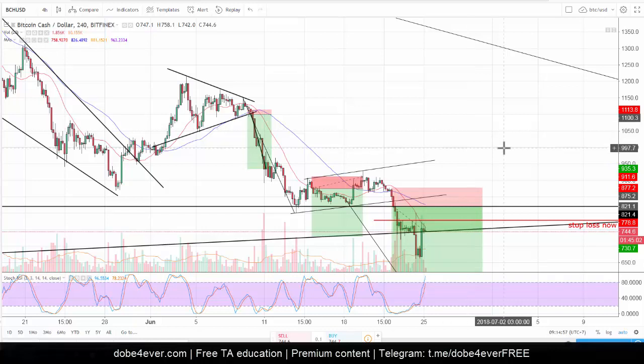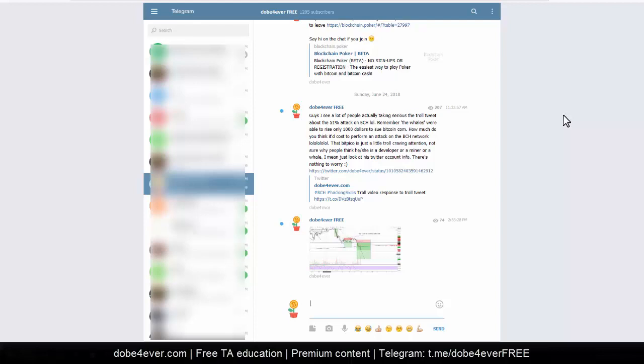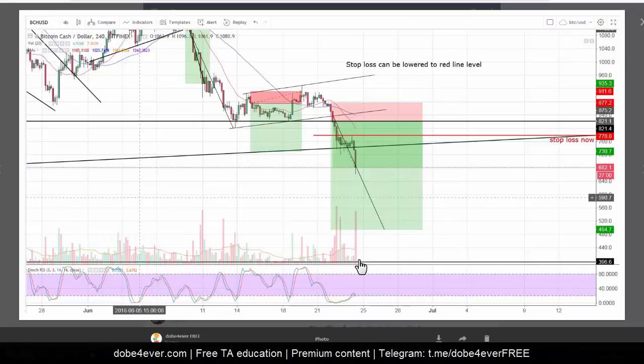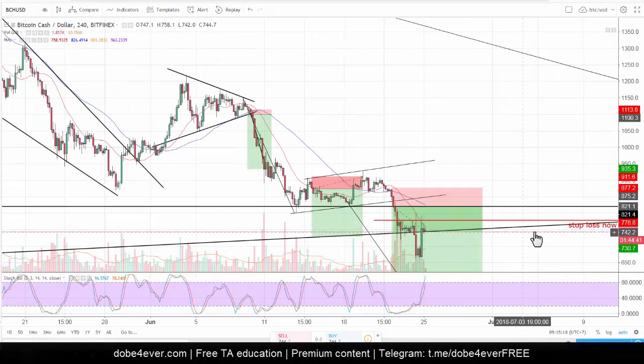So this is the update, and for the record, that's the free Telegram channel, guys. I shared this when we were all the way down here: stop loss can now be lowered to the red line level, which is here. Stop loss 778.8, which is exactly how I have it here.